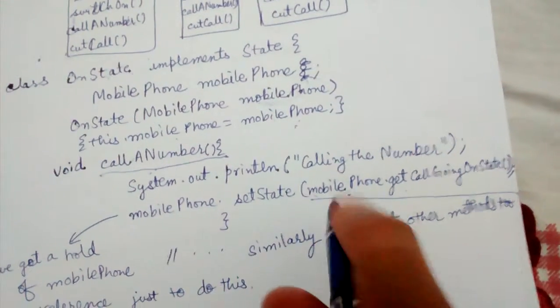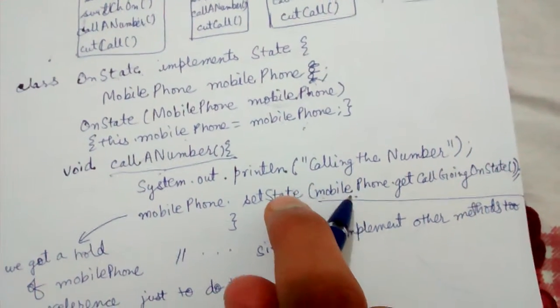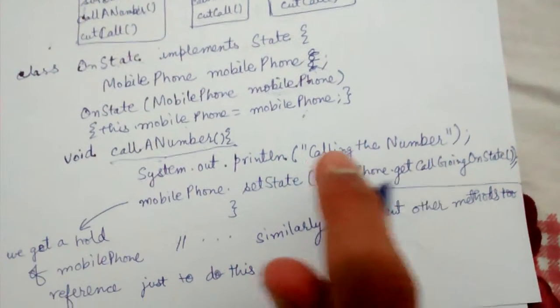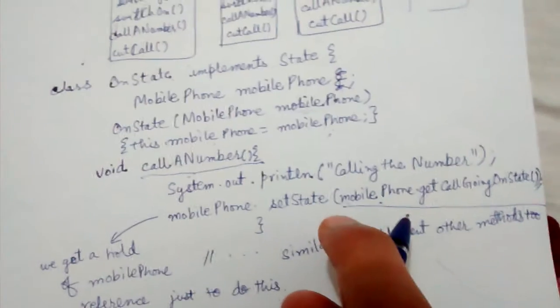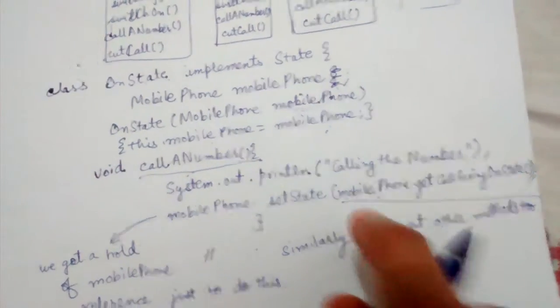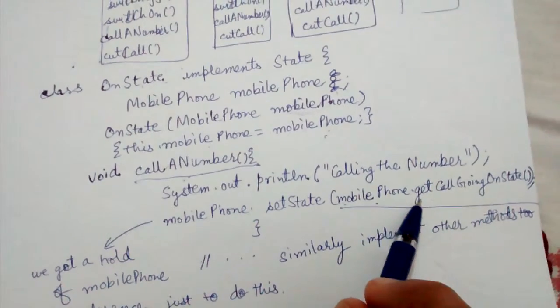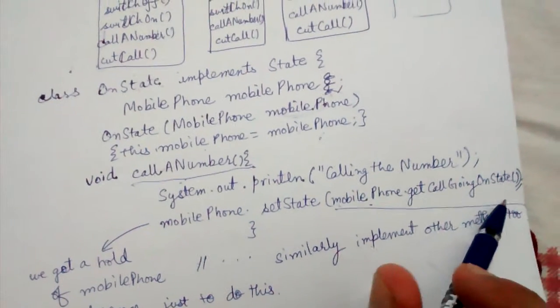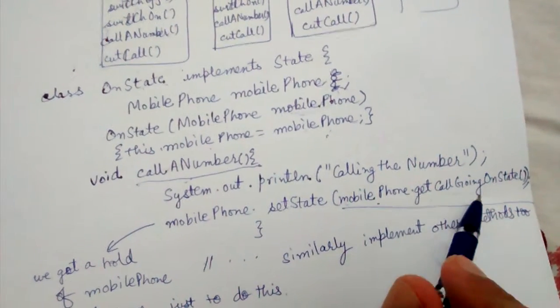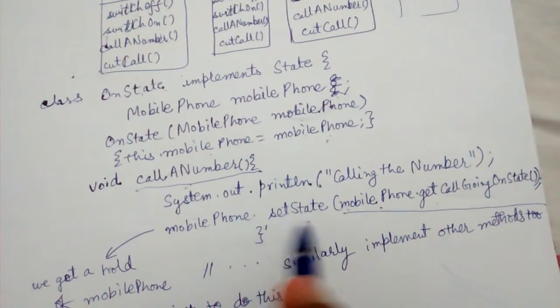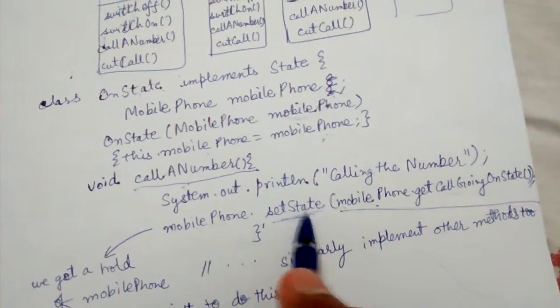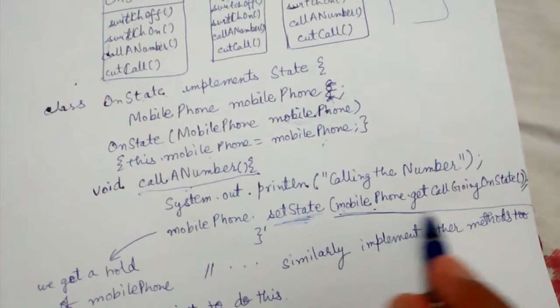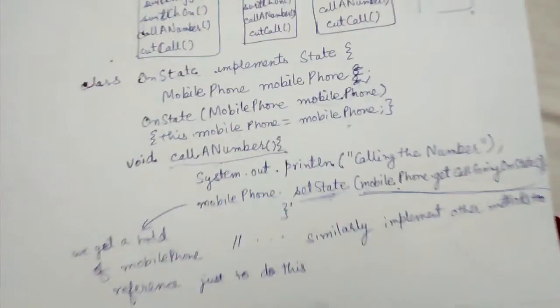As we will see in the implementation of the mobile phone class, this will become more clear. It has objects for each of the states. So we get hold of this particular state's object, and we set the current state of our mobile phone as this state object.